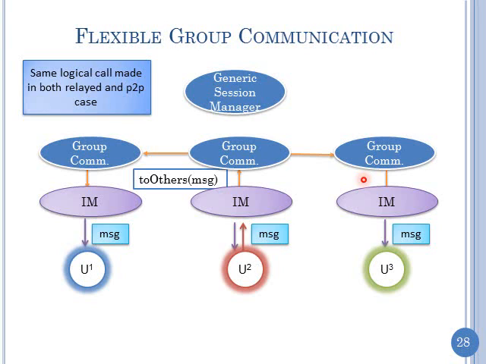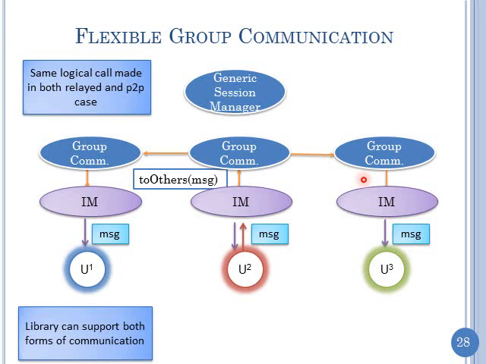If I'm implementing the assignment on causal broadcast, I'll set up parameters saying I want direct, so that I can build my timestamps and test them out. If I'm doing operation transformation, where I expect information to go through the central server, I'll just change the parameter to relayed. So the library can support both forms of communication.